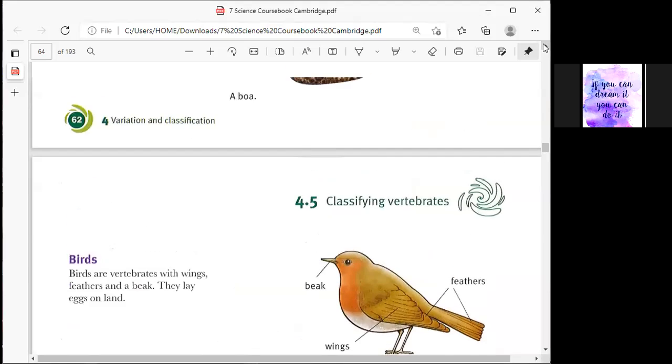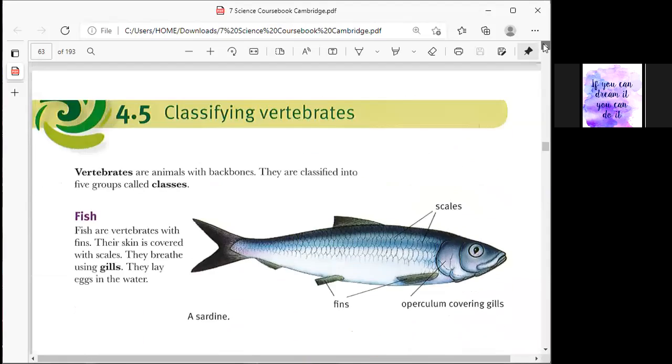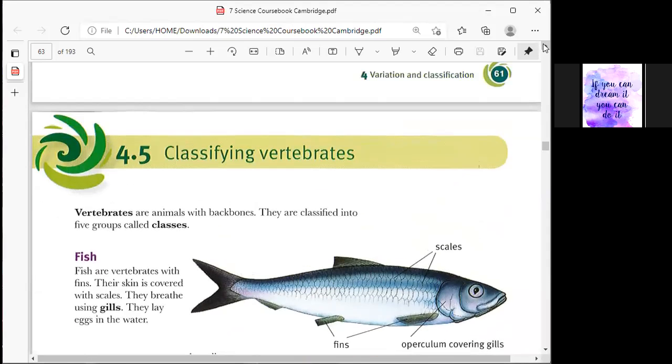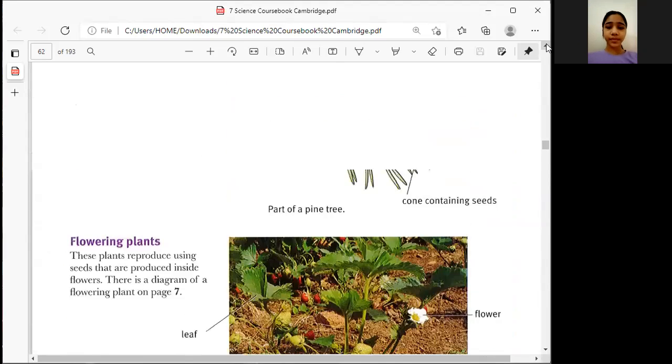In the previous class, do you remember we did classification of vertebrates? Yes, ma'am. And in a class before that, we did classification of plants.